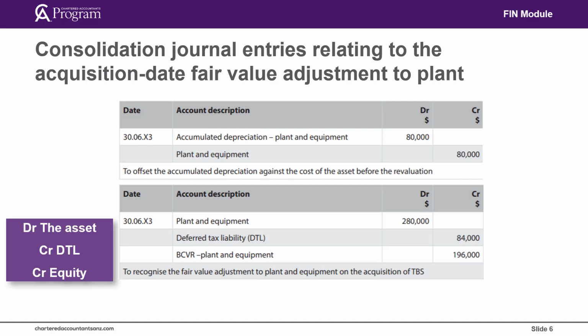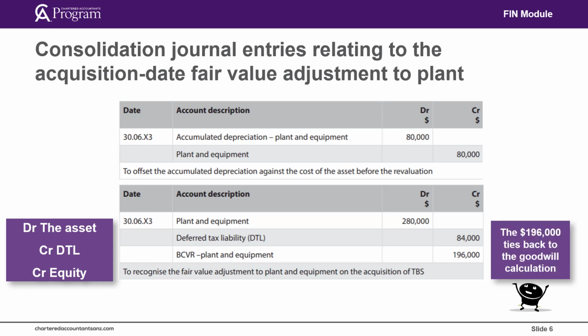So that's why we have a credit to the deferred tax liability account on the liability side of the balance sheet. And the balance in the journal entry is a net $196,000 credit to the BCVR account. Remember, that's a suspense account that sits within equity. And notice how the $196,000 credit is the fair value adjustment to plant and equipment that we saw in the goodwill calculation.